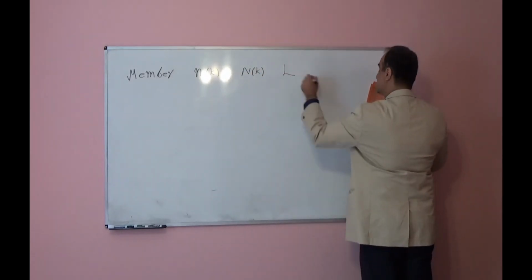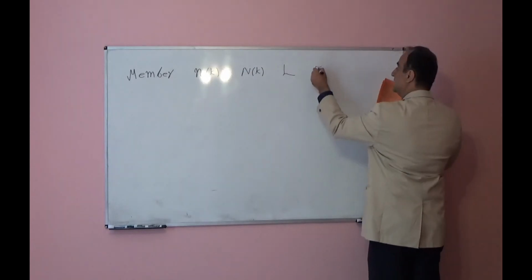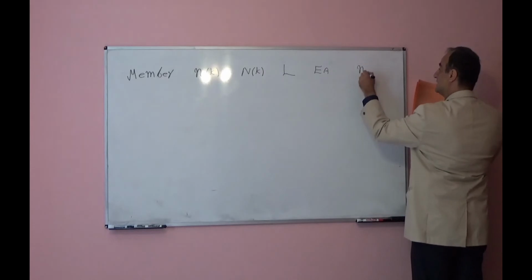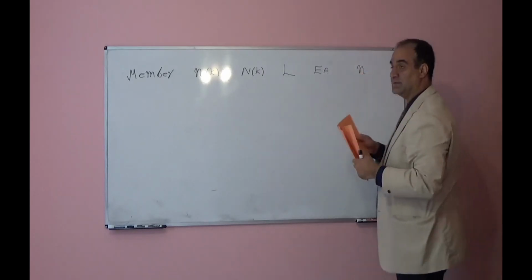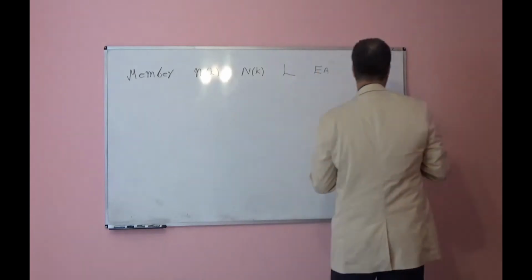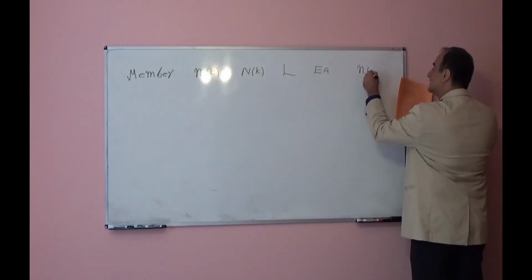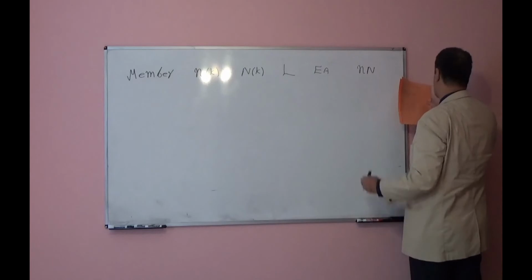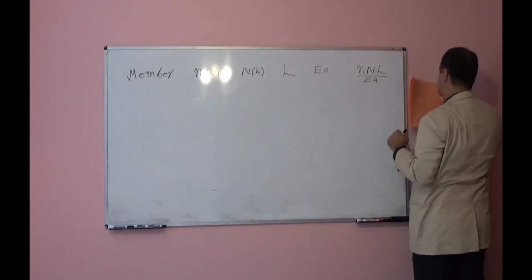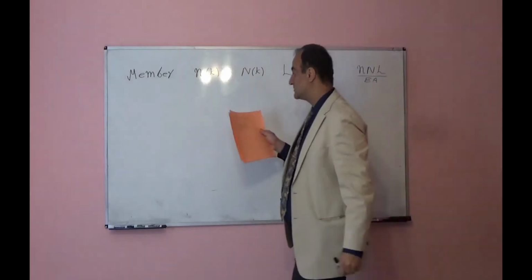The length of the truss member, EA for that member, and in this last column, n, the internal force because of virtual load, times capital N, the internal force under real loads, times length over EA.